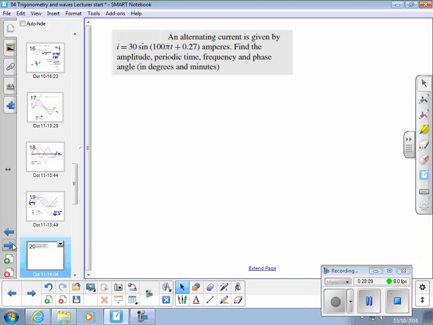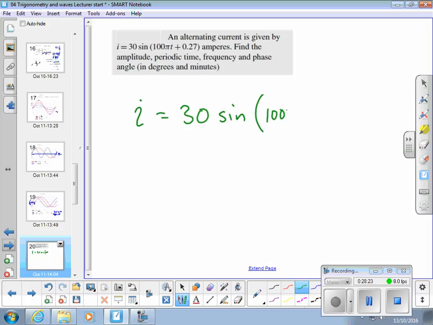An alternating current is given by i equals 30 sine(100 pi t plus 0.27) amps. Notice that this is a lowercase i.